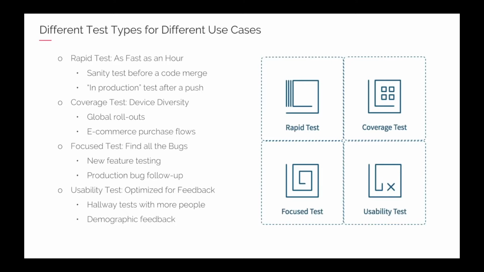One is companies like You.i TV or like Headspace that are doing a global rollout, and so they don't want to have their customers in the developing world exposed necessarily to an app that's only been tested on an iPhone 10 or whatever the developers have around the shop. A second really important use case for this is e-commerce purchase flows. You'd be shocked at how many times things like the purchase button is obscured in a form factor that you didn't see.